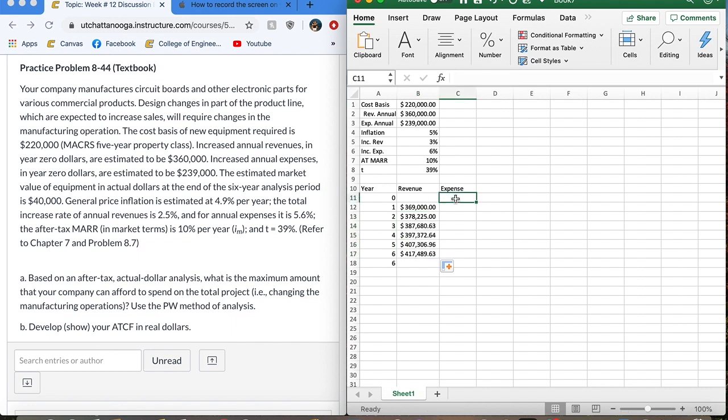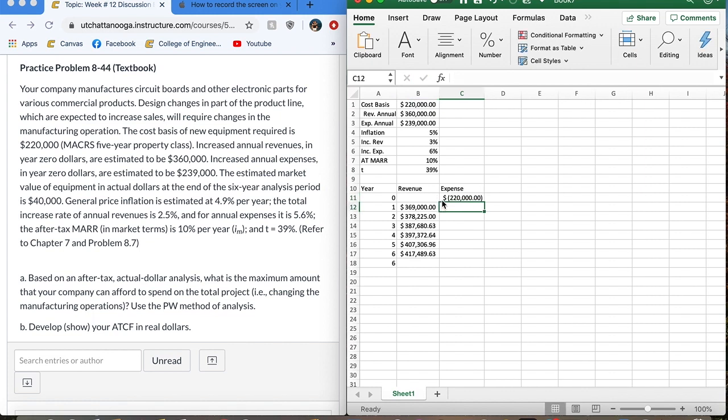And then in your expenses column, we have negative 220,000 because that is the cost to buy in the new equipment. And then at the end of the year, we'll start this same thing that we did with the revenue side. So add that to the increase. This actually needs to be negative.